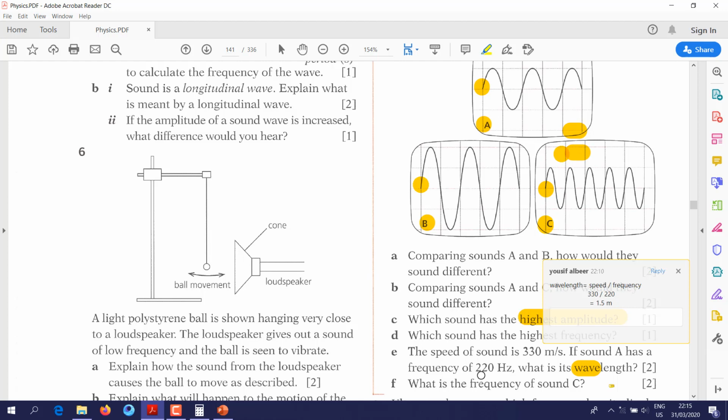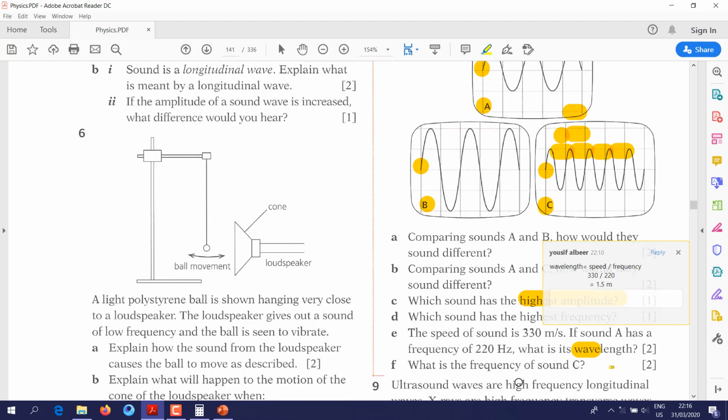It is 220, with 2 waves. Here it's 1, 2, 3, 4 waves. So just multiply 220 by 2. The answer will be 440 Hertz.